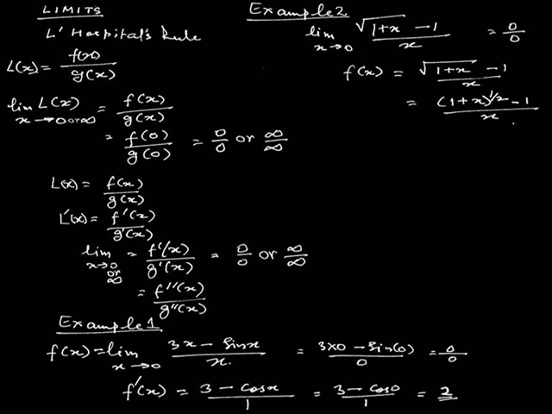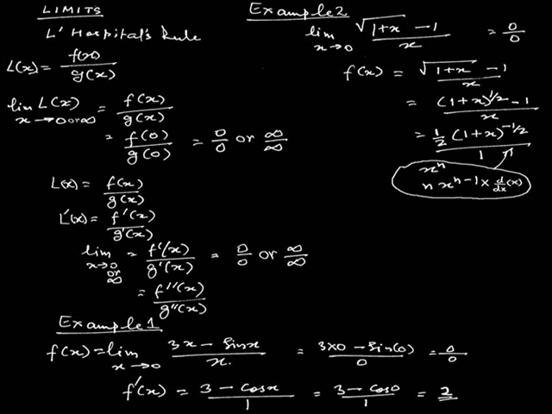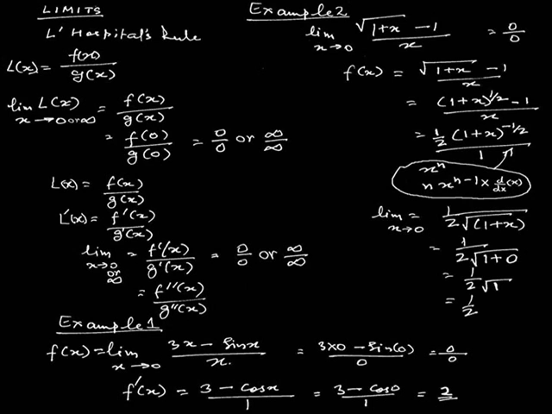Now the derivative of under root 1 plus x is half times (1 plus x) raised to the power minus half, because d/dx of x^n is equal to n x raised to the power n minus 1, and the derivative of x is 1. We have applied the same here. Now put back the limit, and the final answer is half.